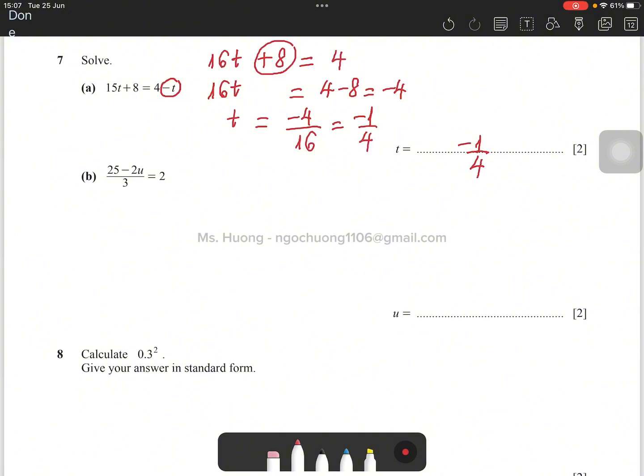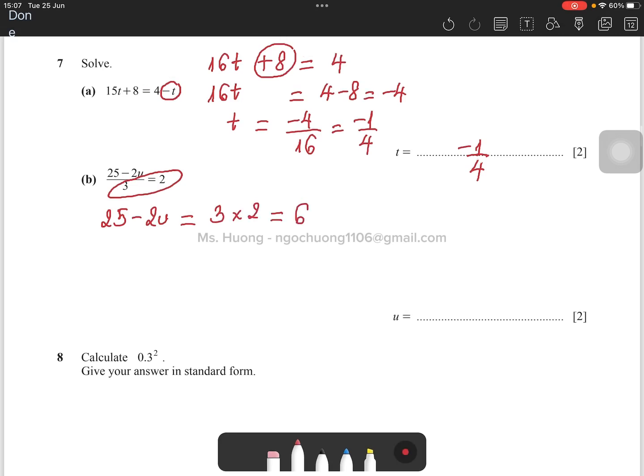B. (25 minus 2u) over 3 equals 2. First, we need to cross-multiply these two numbers to give you 25 minus 2u equals 3 times 2 equals 6. Next, we'll remove the number 25 by subtracting 25 from both sides.